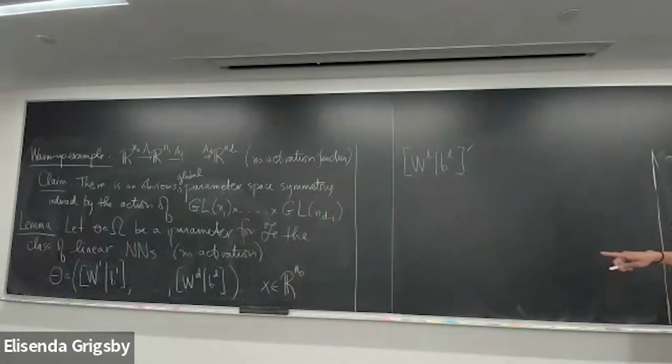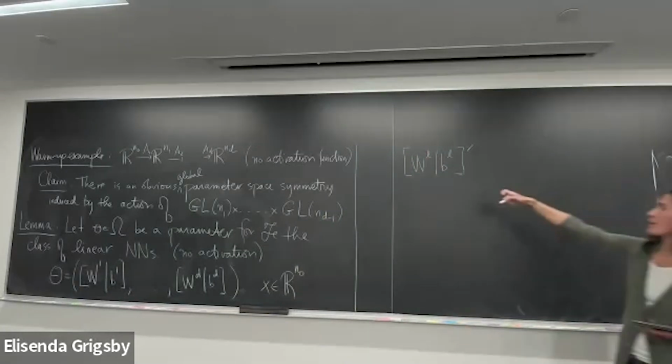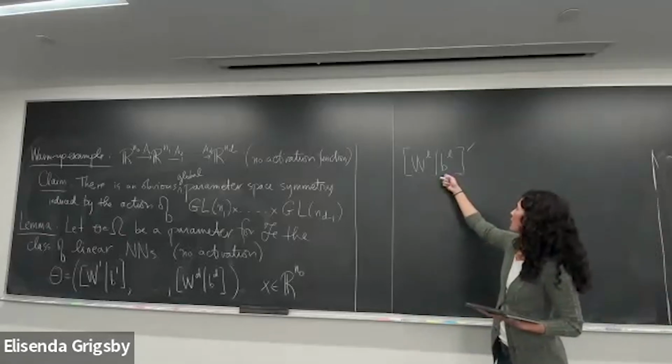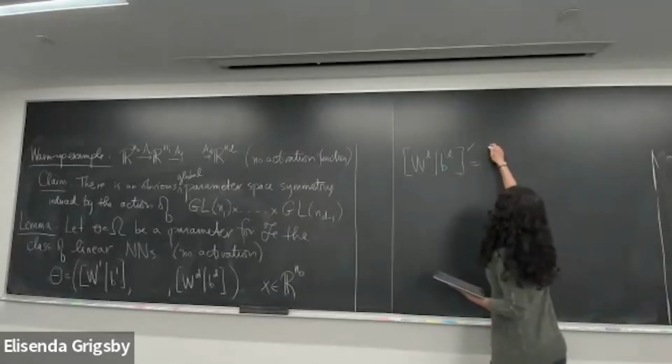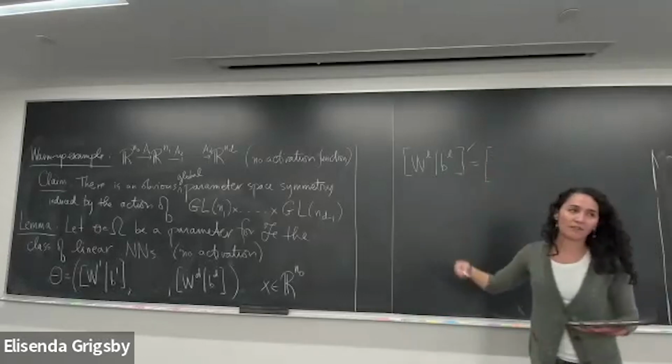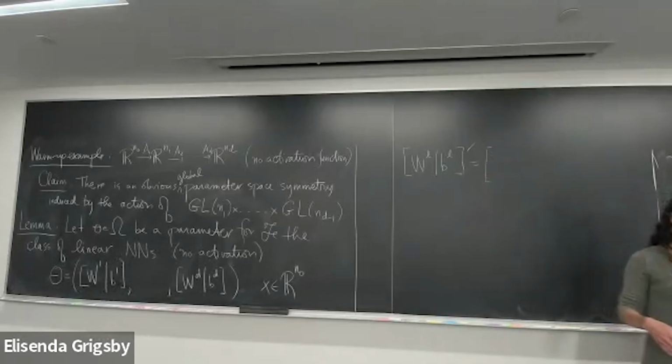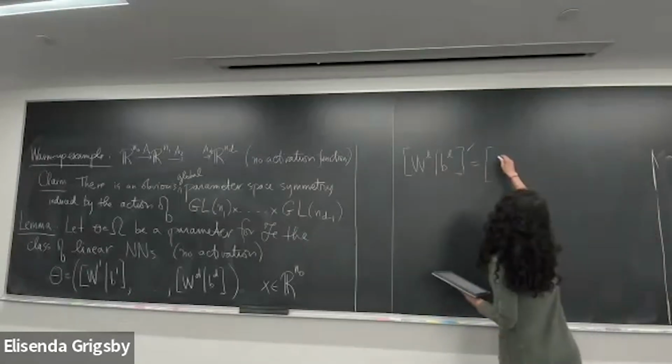You can define an embedding, sort of a projectivized embedding of the weight matrix and the bias vector into a slightly bigger matrix. So this is just taking care of the fact that these maps are all affine and kind of making them linear in a convenient way.